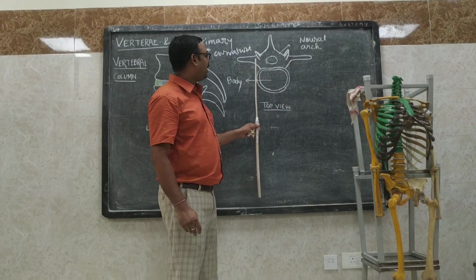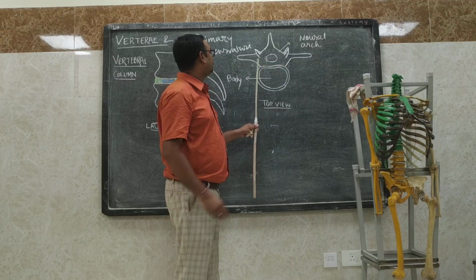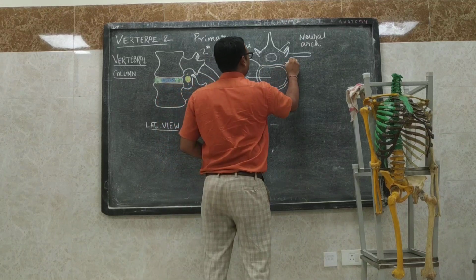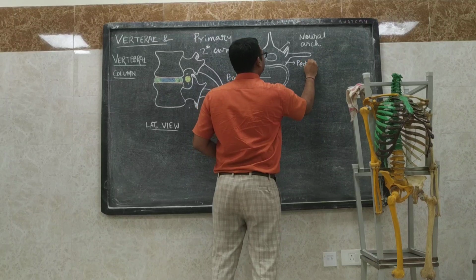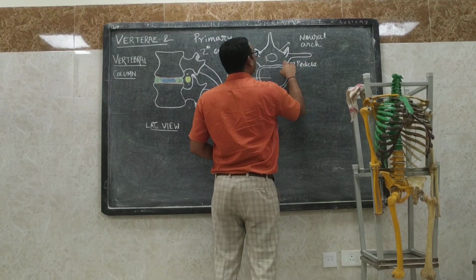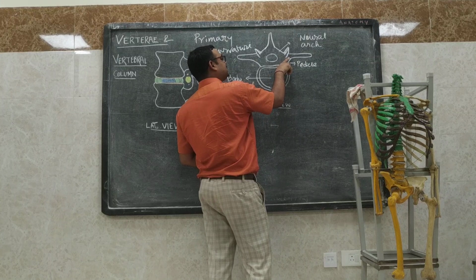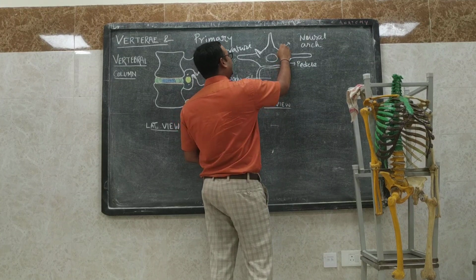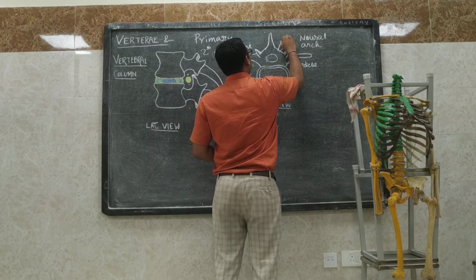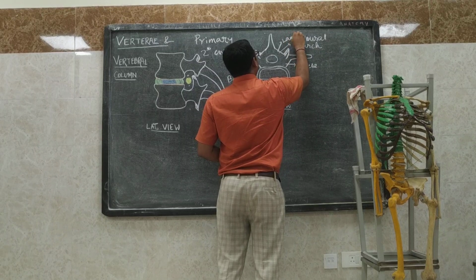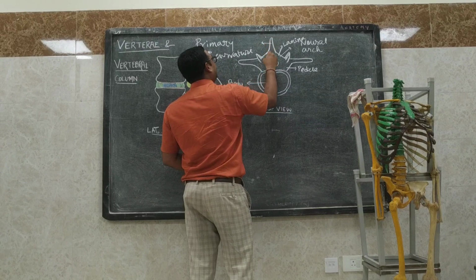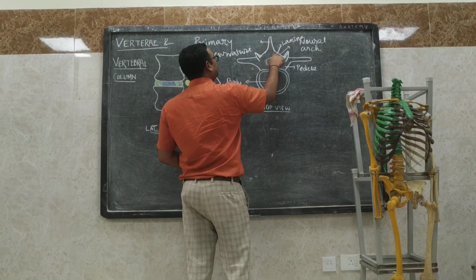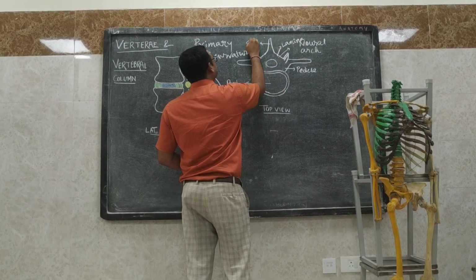Now, the neural arch is composed of this part first, this part we call the pedicle, directed backwards and laterally. Then this part we call the lamina, and this part, when the two sides of the lamina fuse, forms the spine.